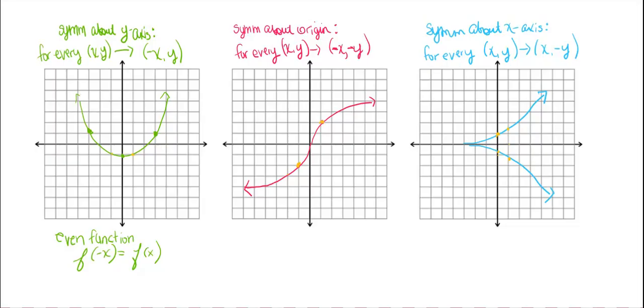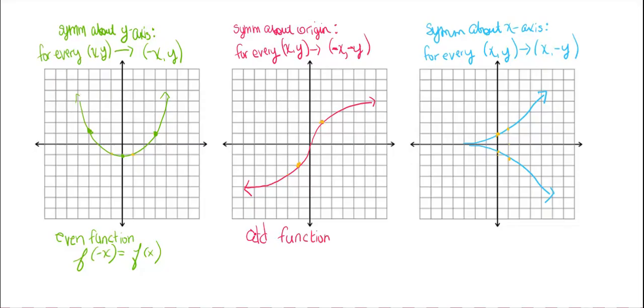Okay, so if a function is even, that means for every x in the domain of that function, f of the opposite of x is equivalent to f of x. So for every x, y, I'm going to have a negative x, y. If a function is an odd function, that means it is going to be symmetric about the origin.